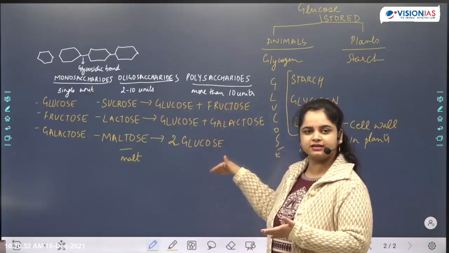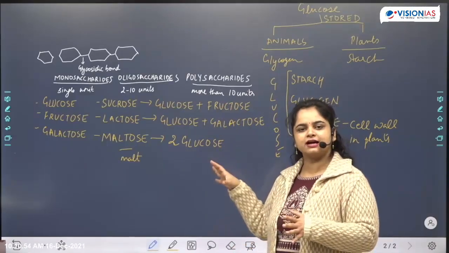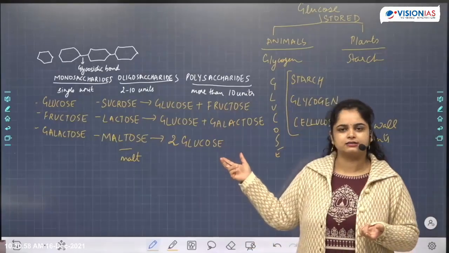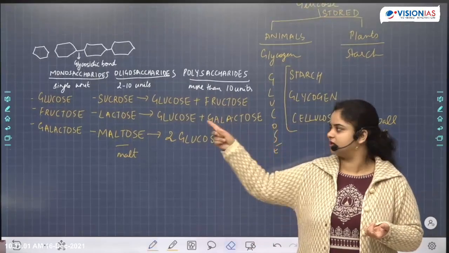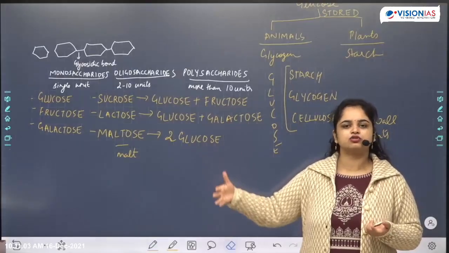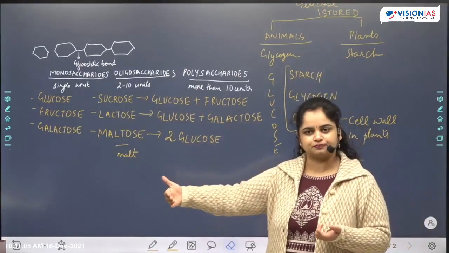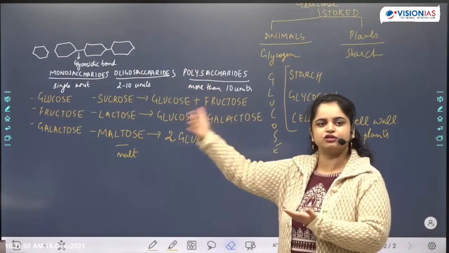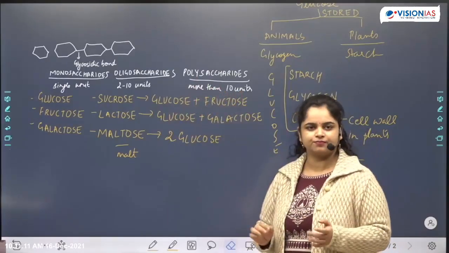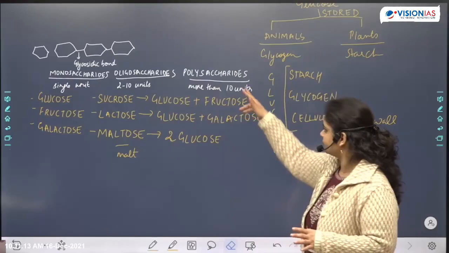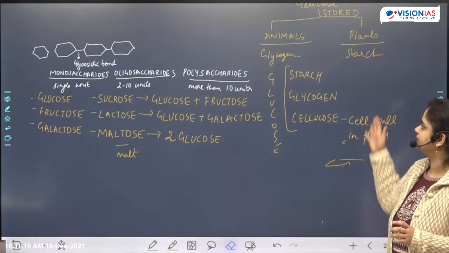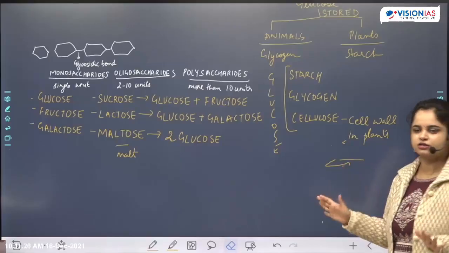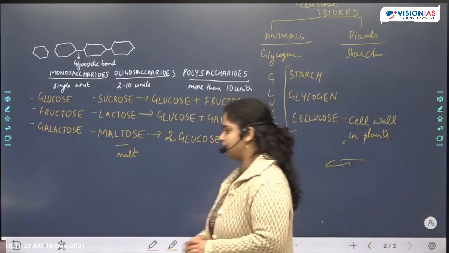Like the common examples of oligosaccharides are disaccharides. We have done all the examples of disaccharides. That means 2 units. We can have 3 units also, trisaccharides, and so on till number 10. That is possible. Polysaccharides, more than 10 units. And then the example. This is all which you need to know about carbohydrates.